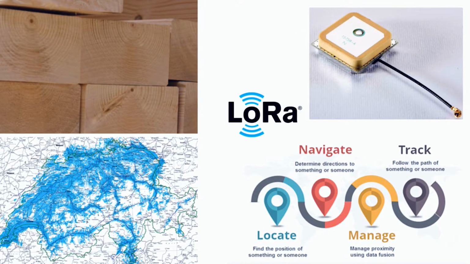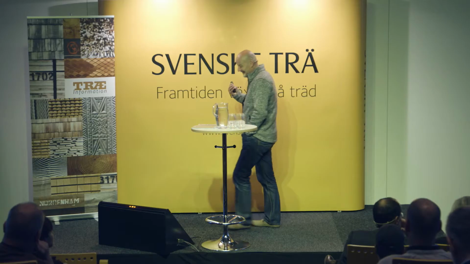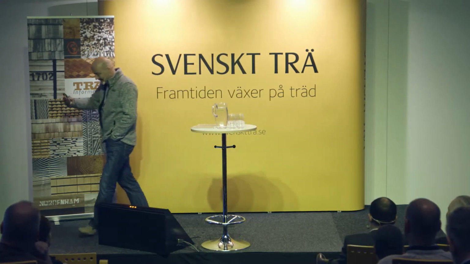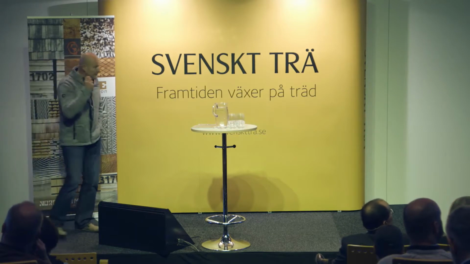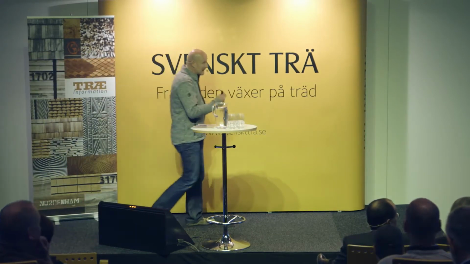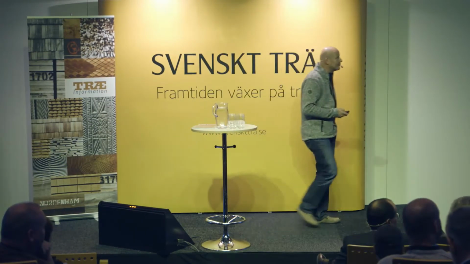LoRa means low range system, and in Switzerland, it's another story. All our dogs and cats must be chipped, so you can read out who is the owner of this dog. So we could chip our wooden pieces as well.